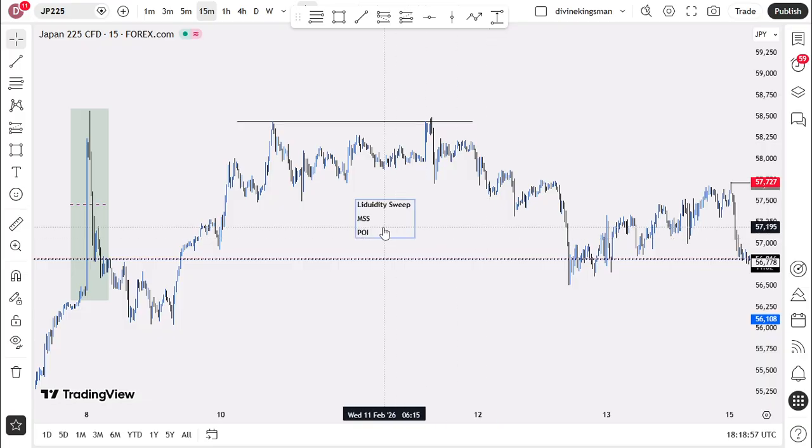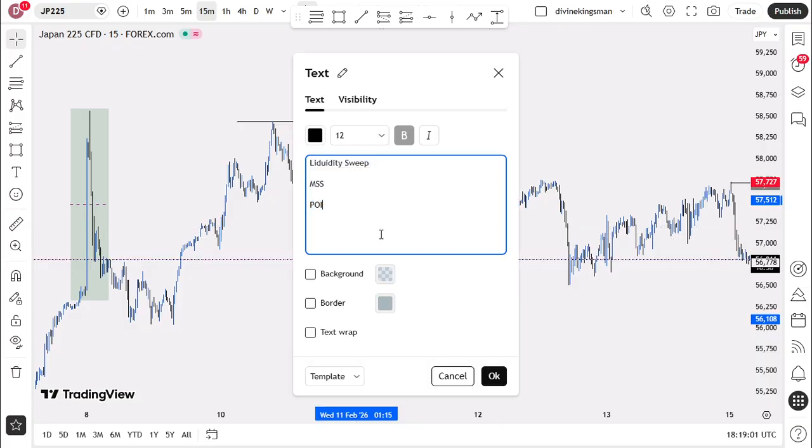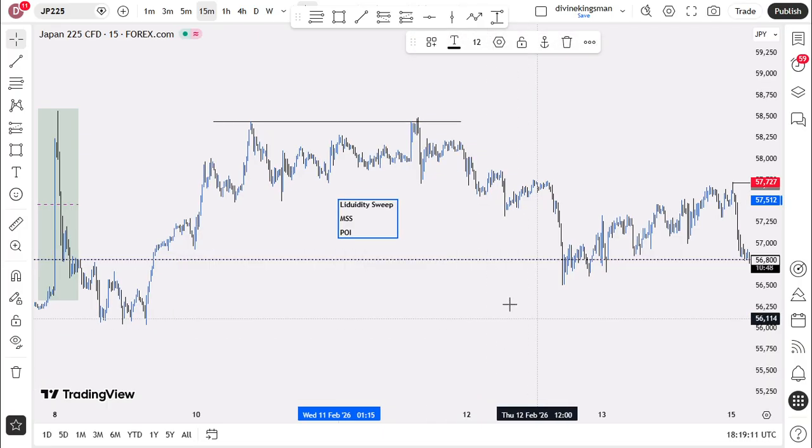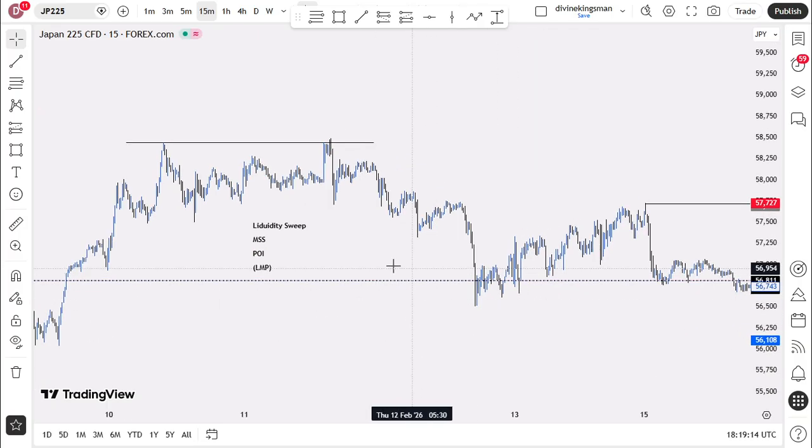I just look for liquidity sweep, MSS, and then my point of interest. So this is just how my strategy is, right? It's as simple as that.